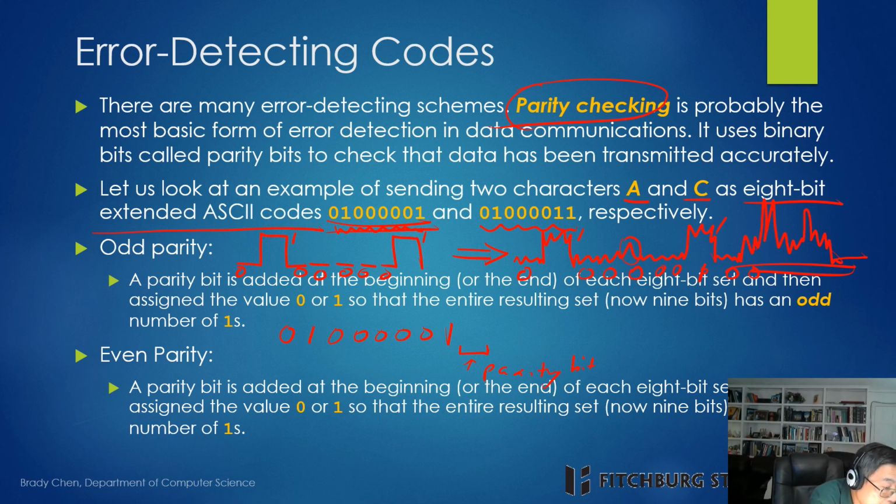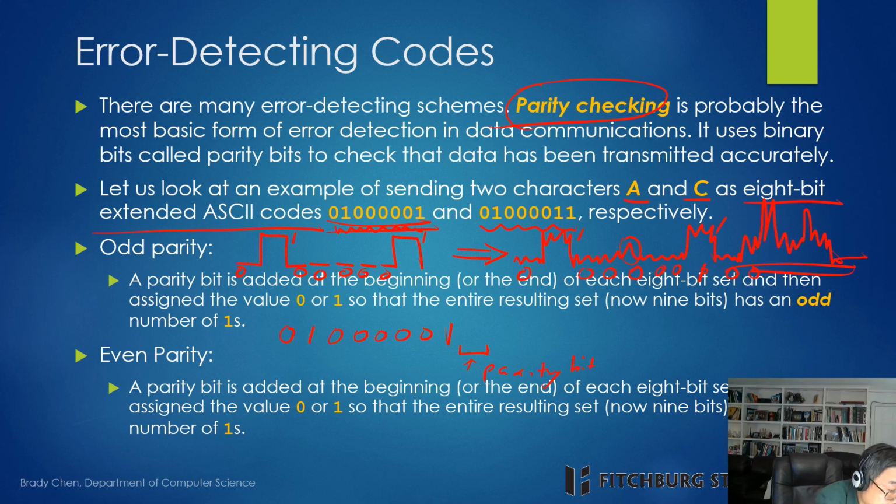Now, if you use, for example, odd parity checking, that means you need to add a bit to make the whole sequence contain an odd number of ones.